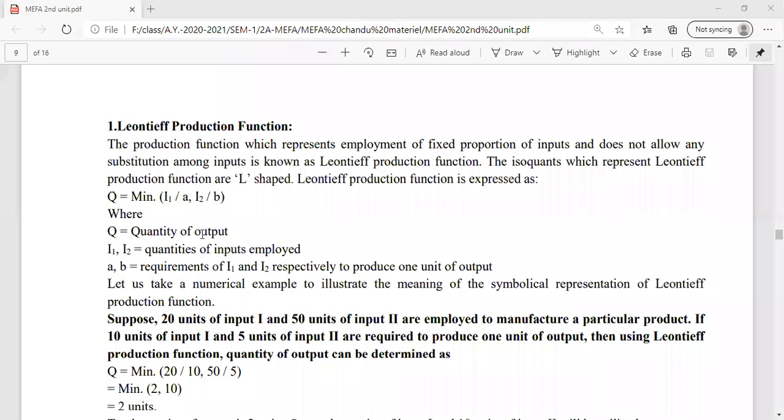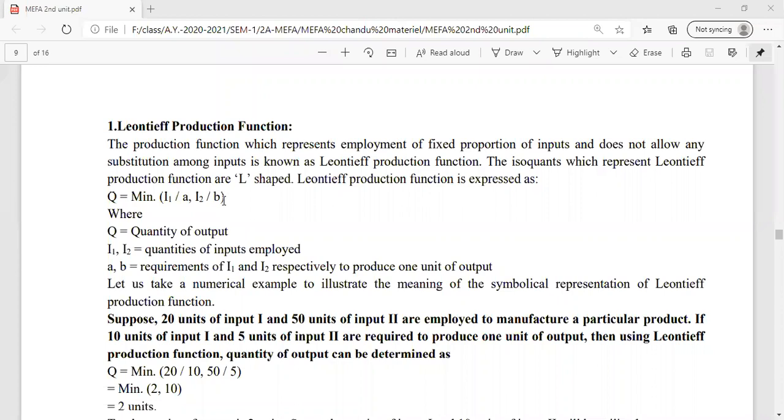So what do A and B indicate? A and B are the requirements to produce one particular output. For production of one car, I require 5 tires. For one car, I require one steering wheel.